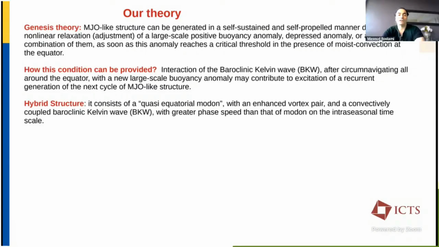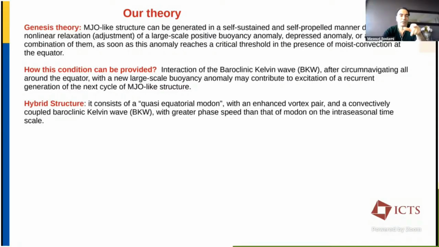So moist convection as initiation of this structure is one of the necessary conditions, but once generated, this structure can go eastward in the idealized manner, but in the real world, it will die out, and I show you why.